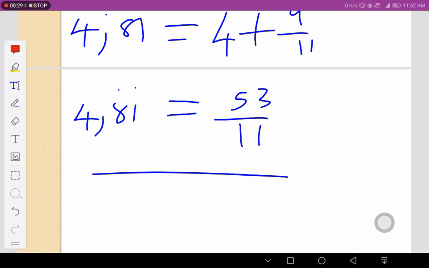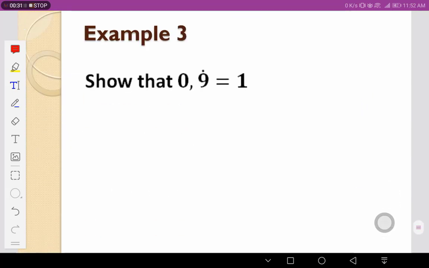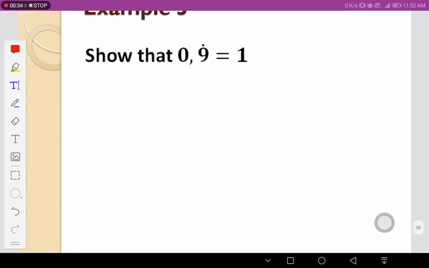Let's have another example. This one is asking us to show that 0.9 recurring is equal to 1. We can do the same. The dot means it's 0.999999.